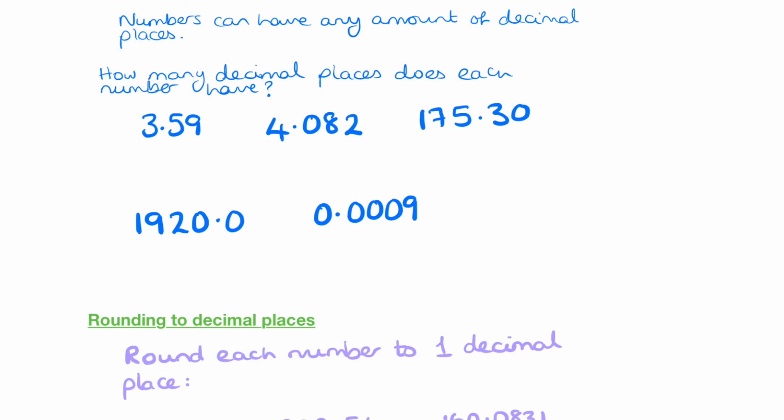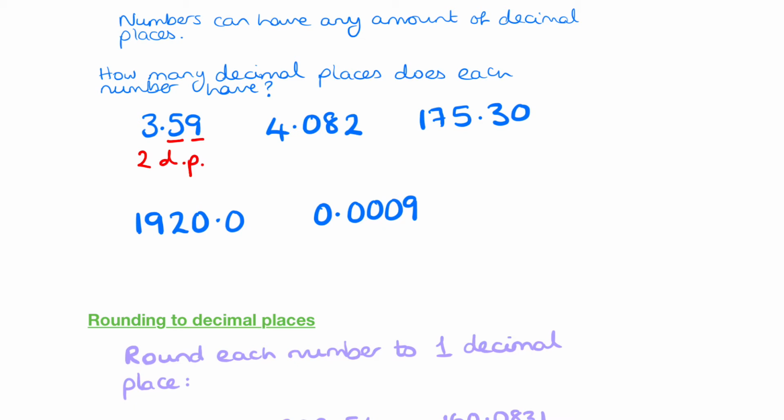We're just going to have a look at these numbers here and see how many decimal places each number has. So the first number, 3.59, remember all we're doing for the amount of decimal places is counting how many digits are after the decimal point. So we've got 1, 2. So that one's got 2 decimal places, which we can write as 2dp. Okay, dp for decimal places.